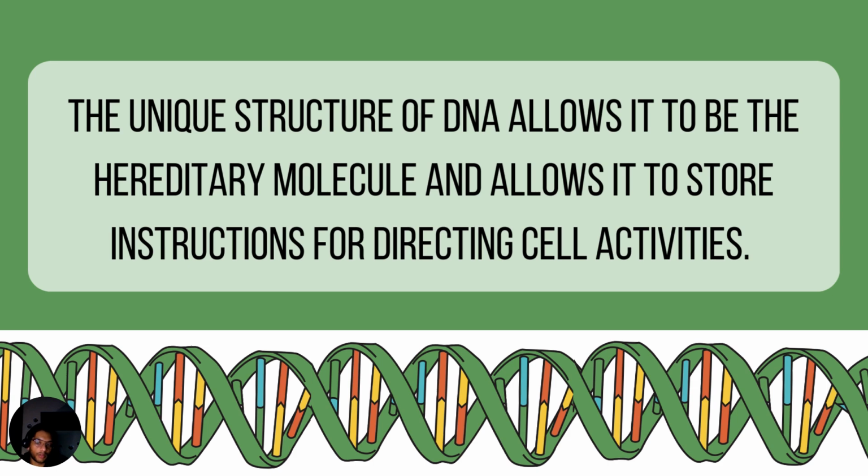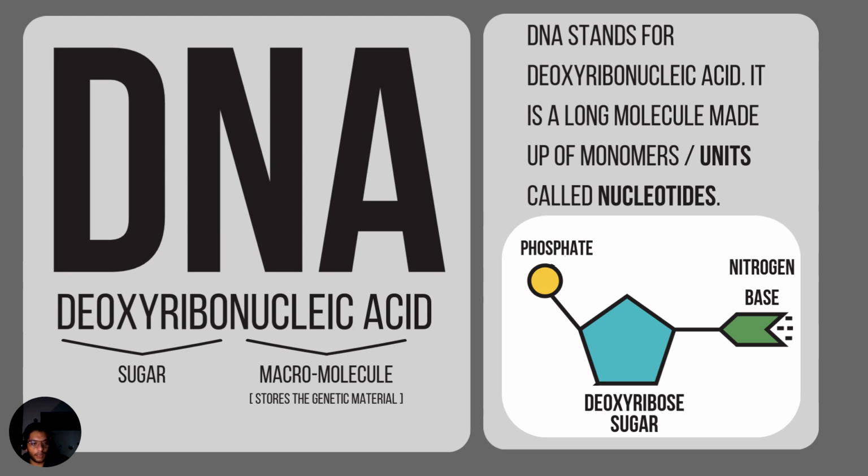So we basically refer to DNA as containing genetic instructions to run living things. It controls all the functions of the cell. DNA also makes up who we are genetically.